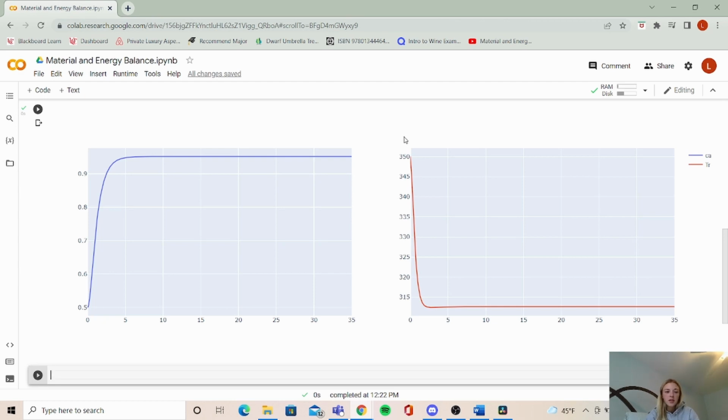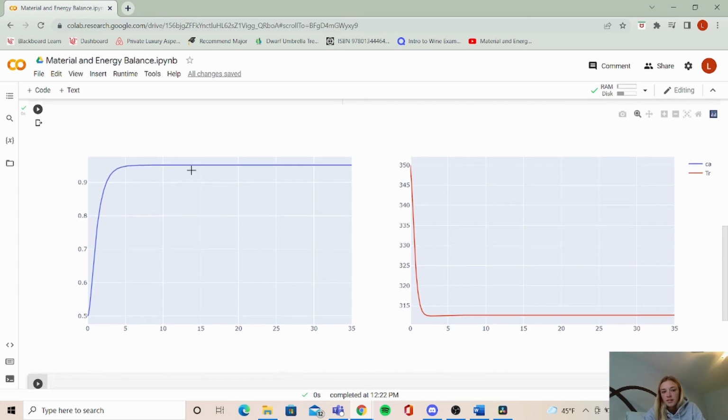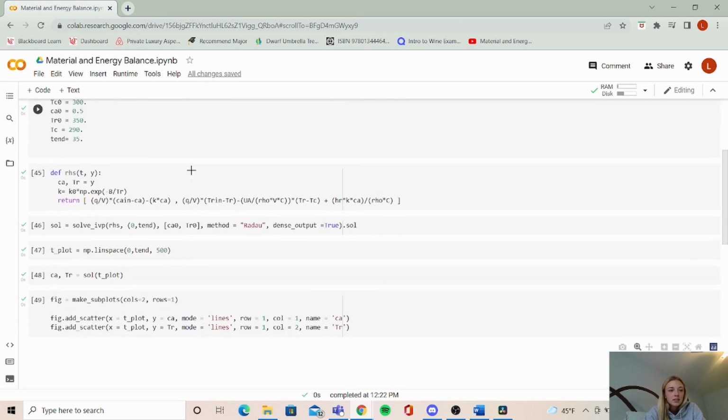So if we started with our 0.5 moles per liter of A and the concentration in the tank was supposed to be around 1 mole per liter, we get really, really close to that, 0.95, and it kind of plateaus. So not a lot of that A is going to be reacting.